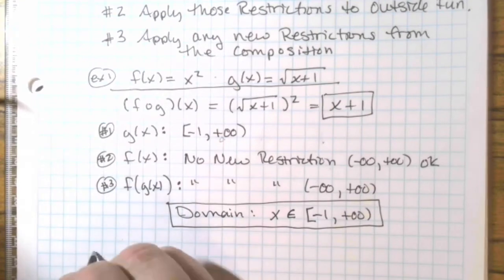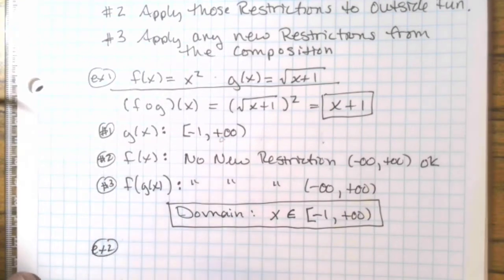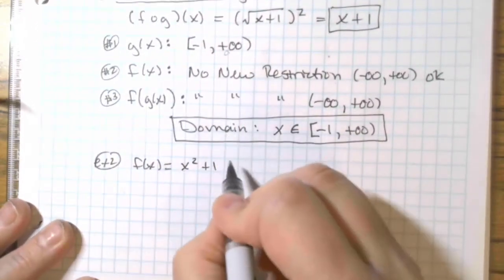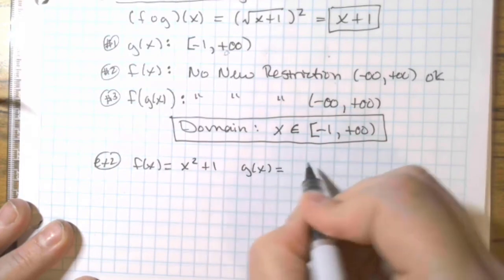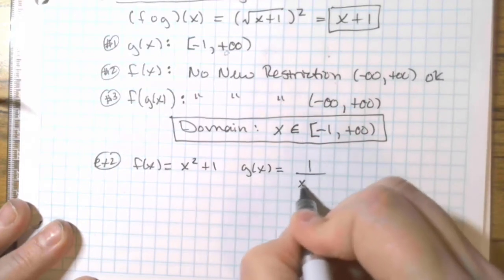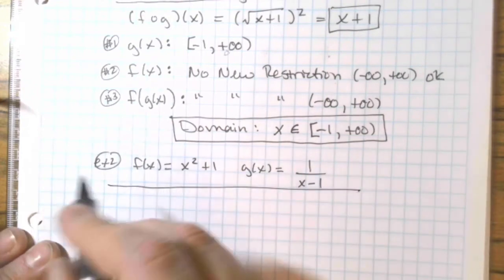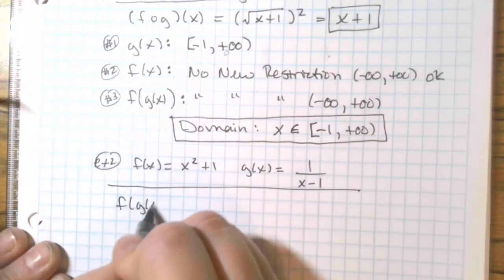Okay, example 2. Let's say that f of x is x squared plus 1, and g of x is 1 over x minus 1. We're going to find f of g of x.